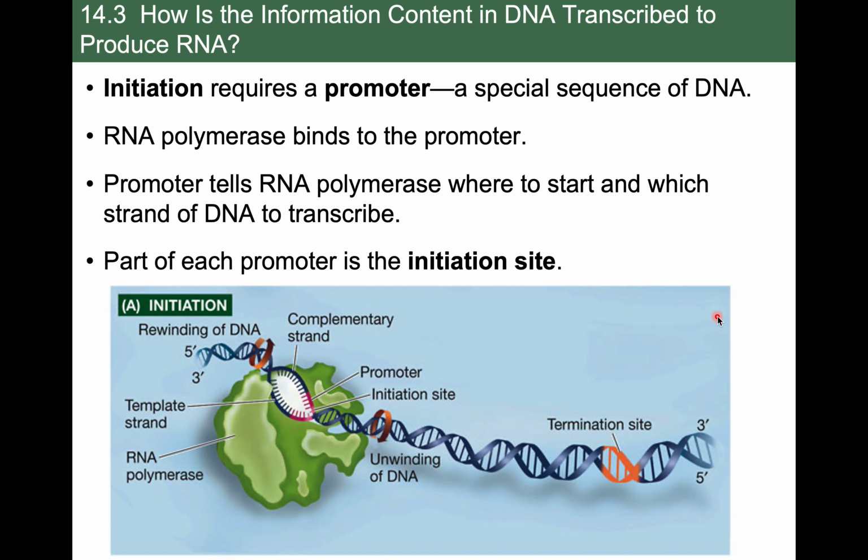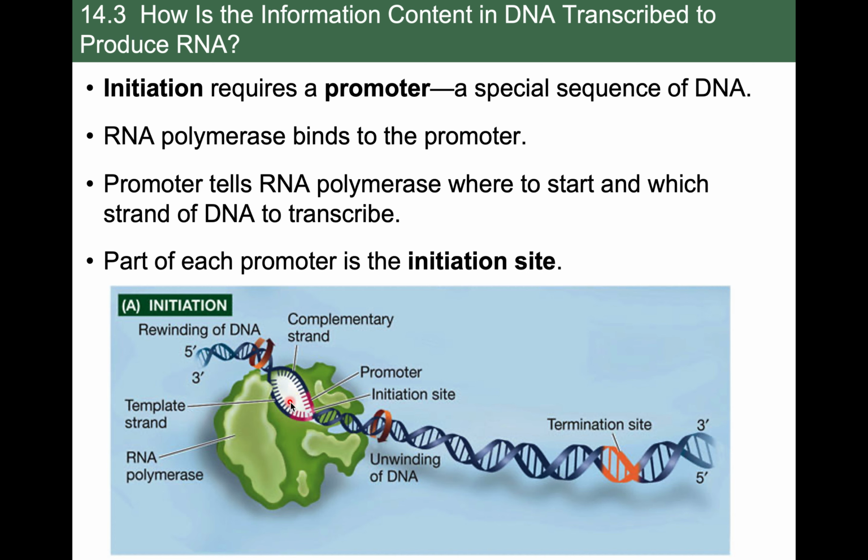And so we talked about this idea that each gene has its own promoter in eukaryotes, and that promoter is really where RNA polymerase loads and is going to start this process of transcription. So this ties back in with our discussions of gene expression. You remember operons and so forth.